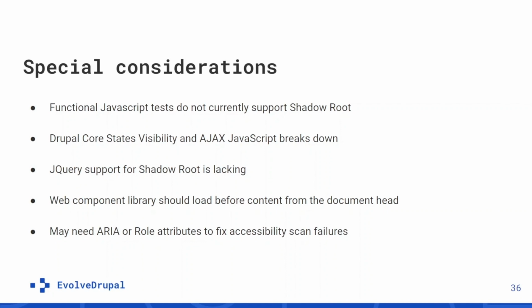The other thing to keep in mind is, even though you have all these accessibility controls with web components, there are still some patterns that trigger not necessarily false positives in the accessibility scanner, but you have to mitigate the situation sometimes with ARIA attributes or role attributes, which you never would have had to do if you were using native HTML.